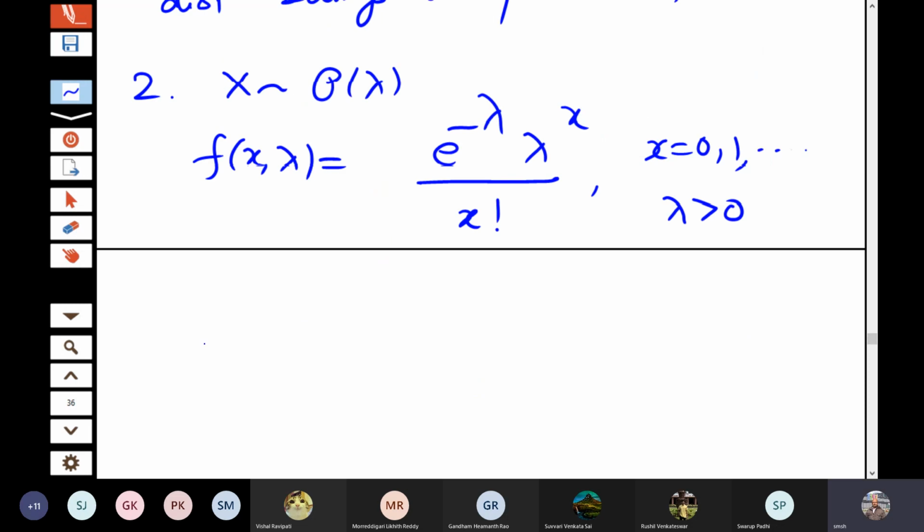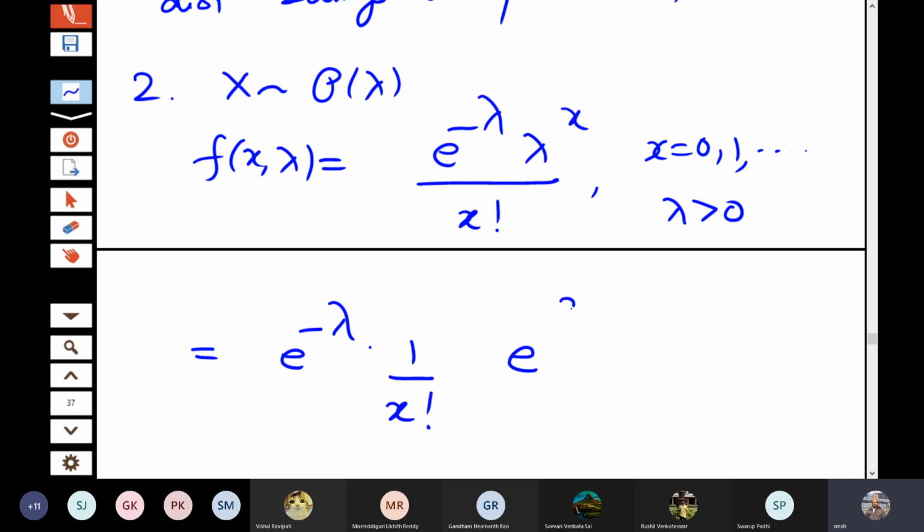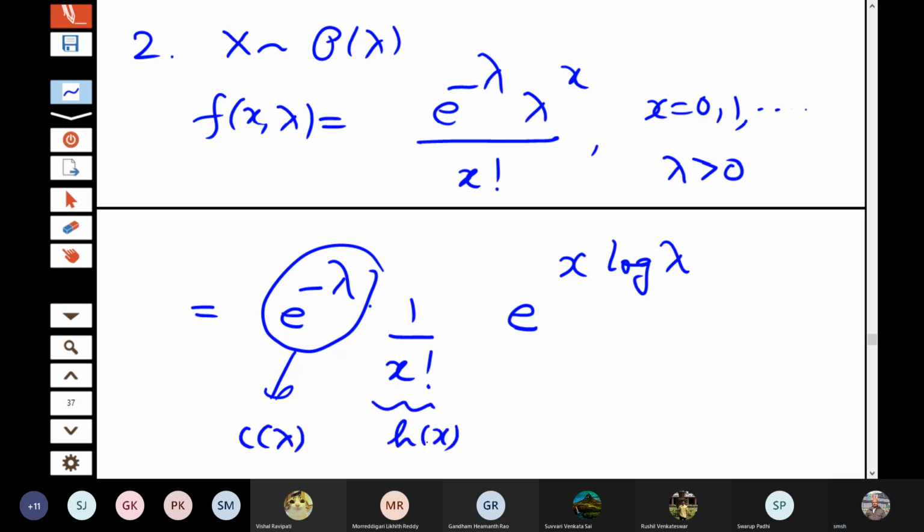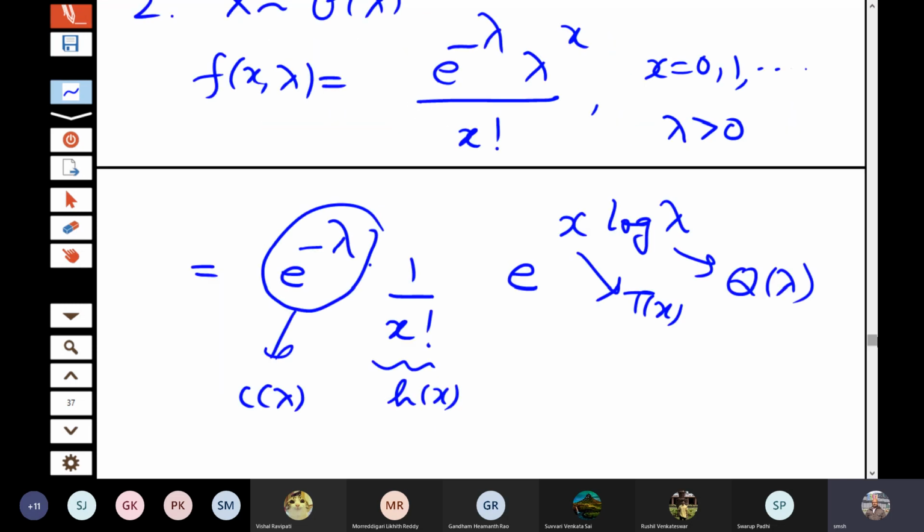You can write it like this: e to the power minus lambda, 1 by x factorial, e to the power x log lambda. So if you compare with the form of the exponential family, then this is nothing but your C of lambda, this is h(x), this is t(x), and this is q of lambda. So the Poisson distribution also belongs to the exponential family.